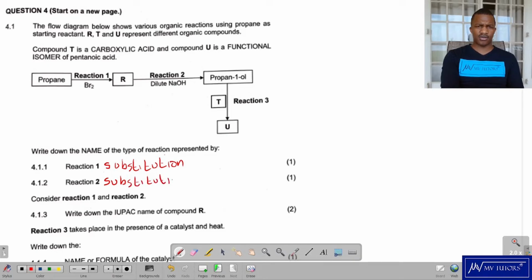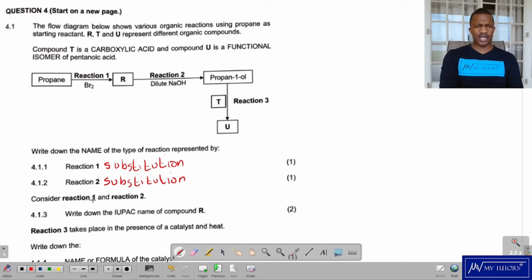Okay, so you're substituting once again where we have an H with an OH, and that's a functional group of an alcohol. All right, or hydrolysis. It's also hydrolysis because of the hydroxyl functional group there.